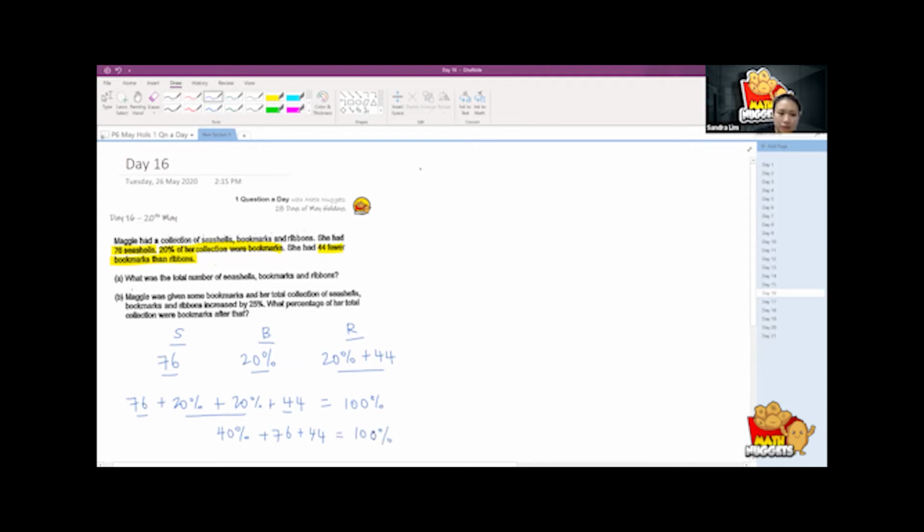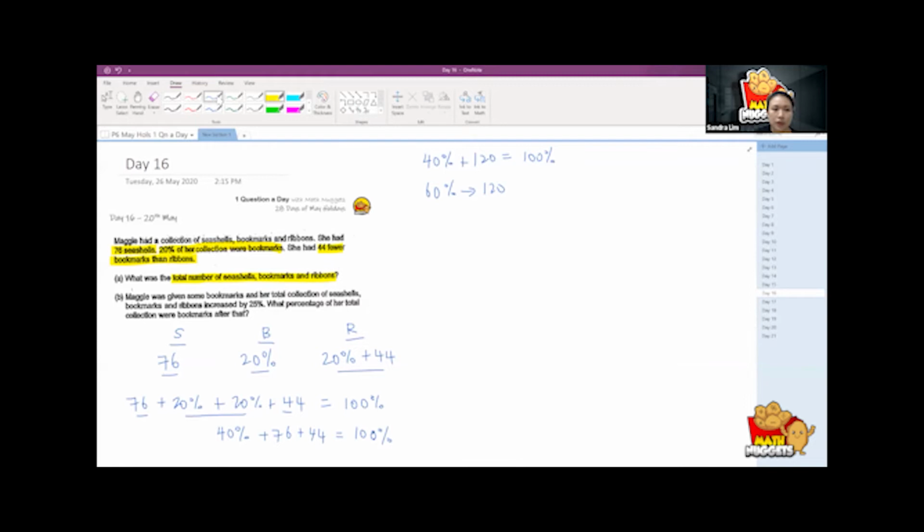So what does this mean? Okay, I'm just going to add the 76 and 44 first. So 40% plus 120, not percent. 40% plus 120 is equal to 100%. This means that 60% is 120. All right, so part A is asking us for the total number of everything.